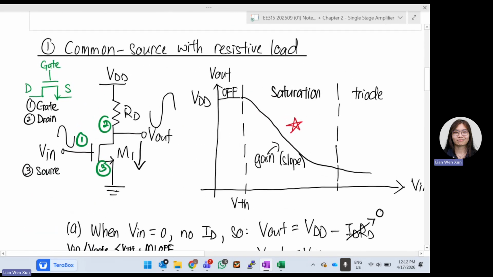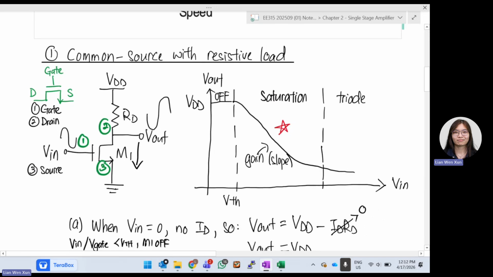So coming to the first real circuit is what we call a common source amplifier with resistive load. Common source with resistive load. Okay, so how do you draw it?